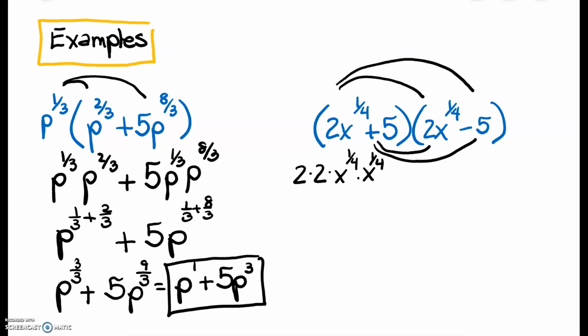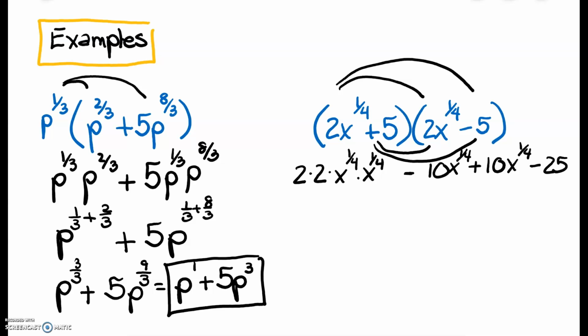And then when I multiply across the -5, I get minus 10x to the 1/4. And then when I distribute my +5, I get plus 10x to the 1/4. And then 5 times -5 is -25.